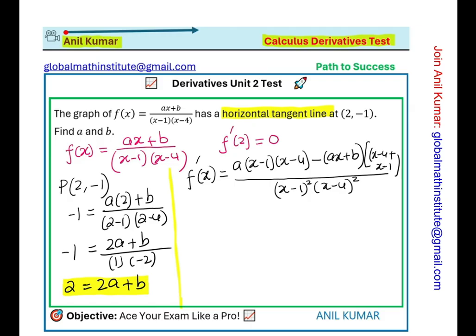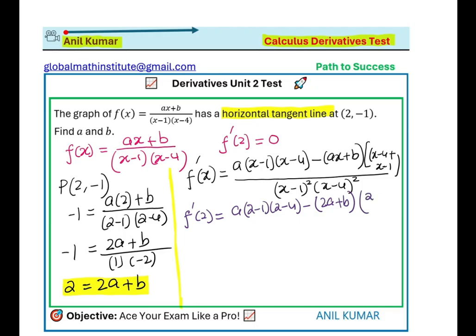So let's substitute the value 2 for x. So what do you get? You get a times 2 minus 1 times 2 minus 4, minus 2a plus b, times 2 minus 4 plus 2 minus 1.